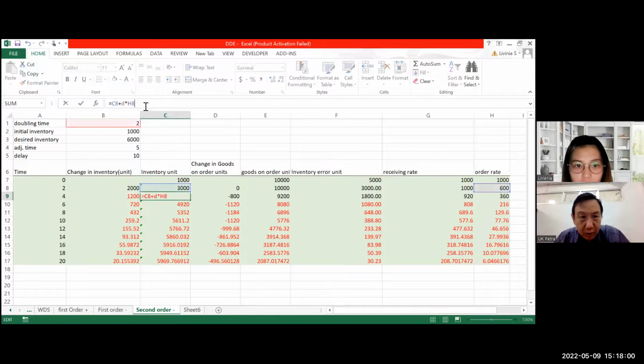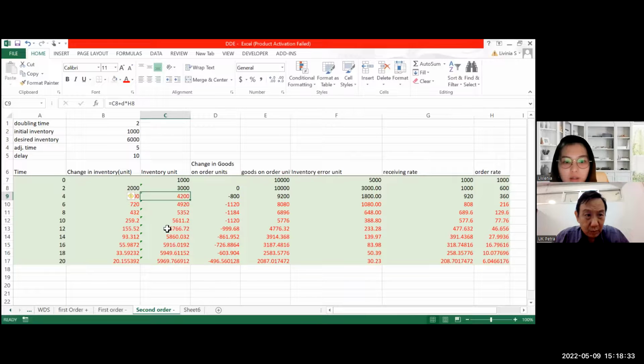So this inventory, that is correct. The formula is correct. T is the period, right? The DT, right? Yeah, the doubling time. Yes. This one, two, one, two, three.